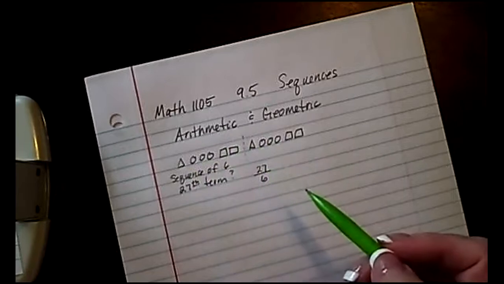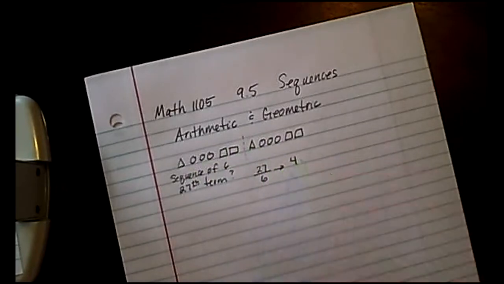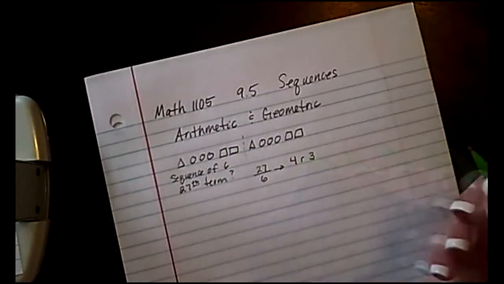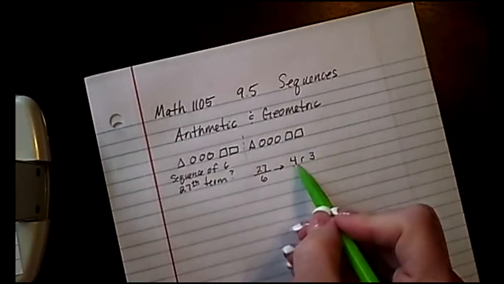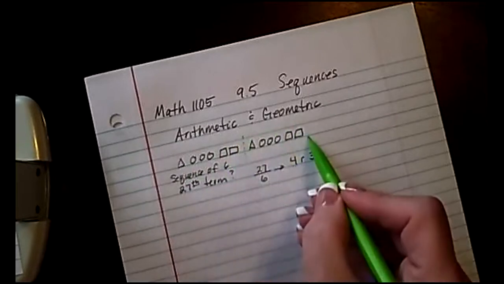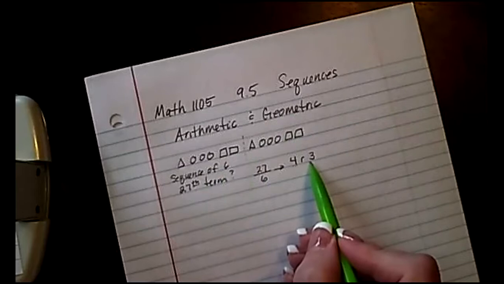So 6 goes into 27 4 times, which is 24, with a remainder of 3. So 4 full rotations or 4 full sequences of 6 before it repeats. So we have 4 of those, and then we have 3 more.